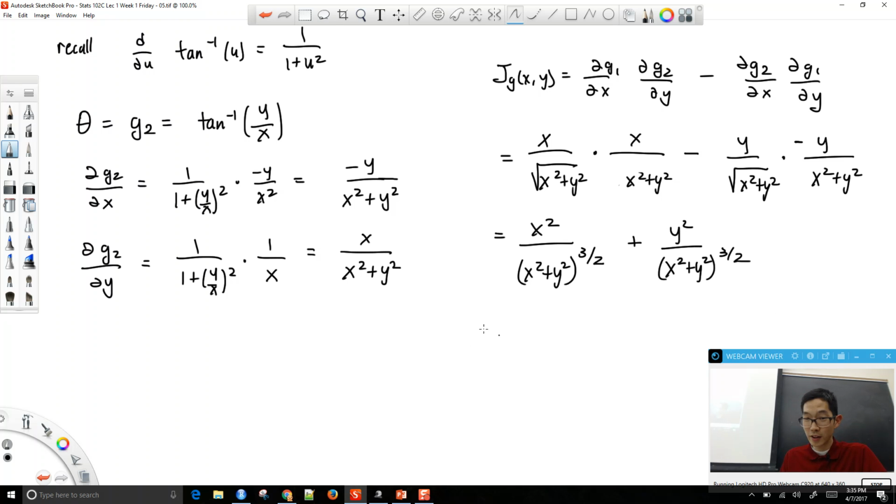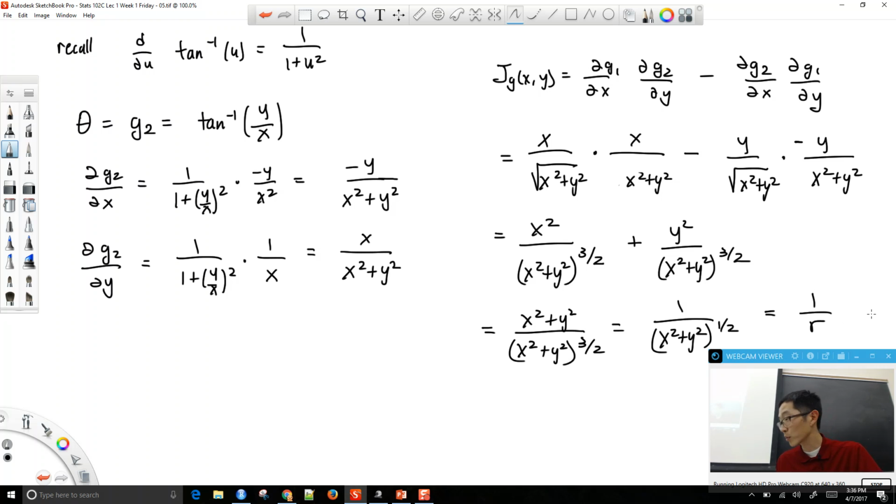Okay, and then I can combine these, and I have x squared plus y squared over x squared plus y squared to the 3 halves, and this gives me 1 over x squared plus y squared to the 1 half, and ta-da, that's 1 over r.